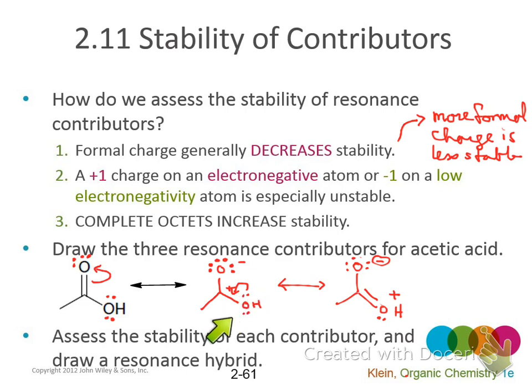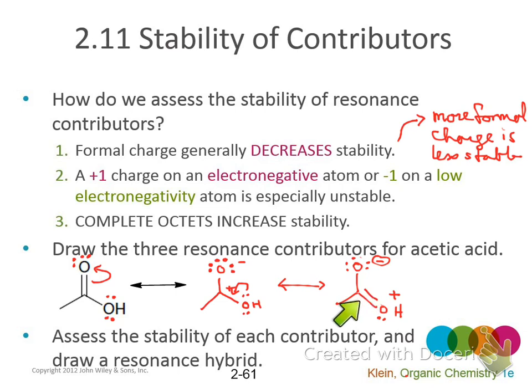Good or bad? Not good. Bad. Yeah, I'll just call it bad. It has a positive charge and a negative charge, and it violates the octet rule. Okay? So I know that's a horrible structure, a horrible contributor.